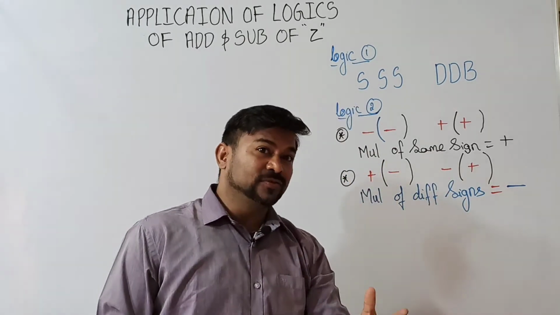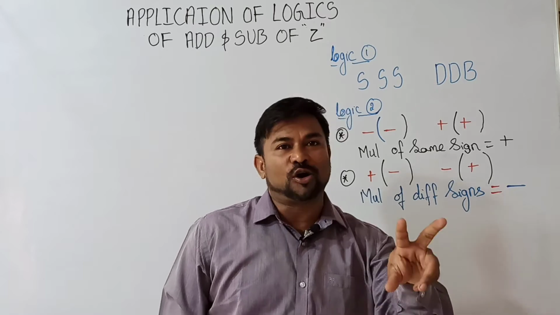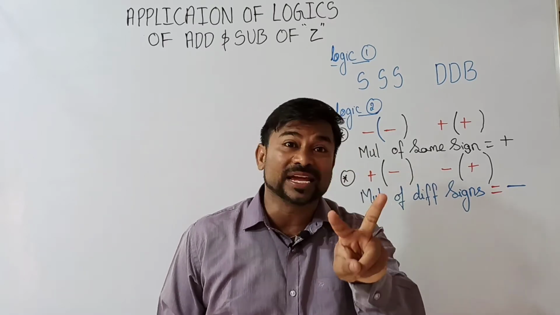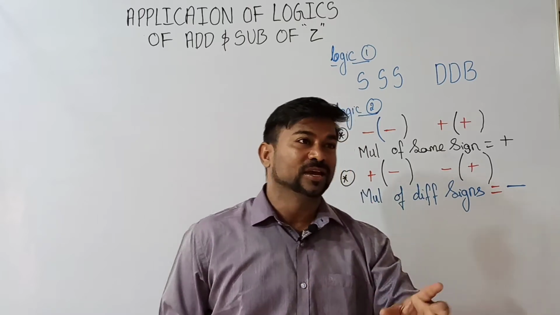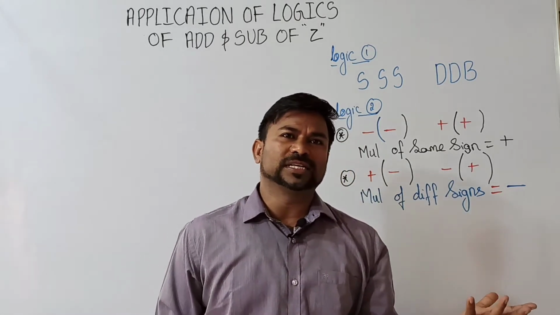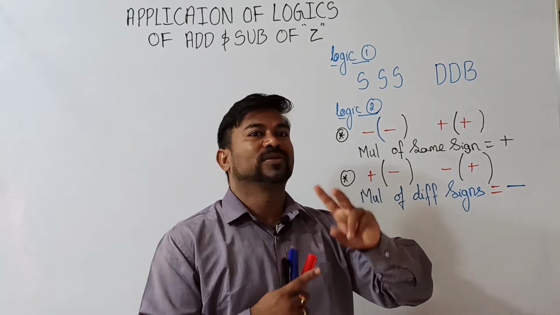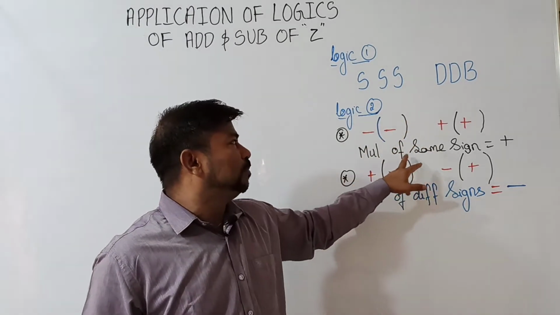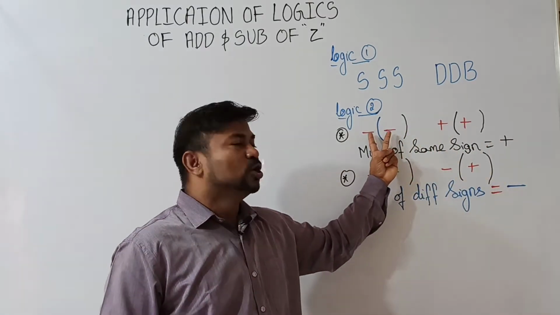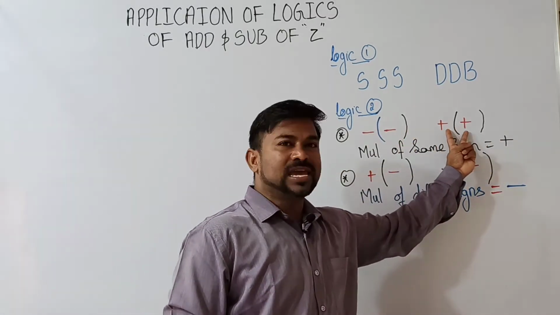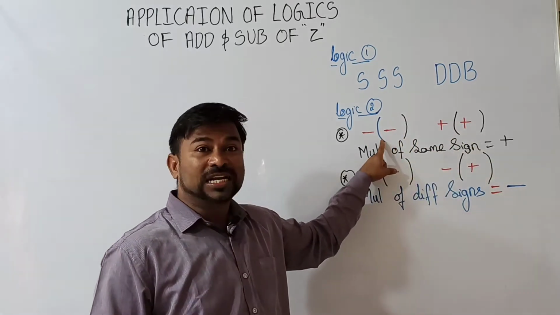Now, in my other video, I explained the way of multiplying integer signs, especially the signs. We are not talking about the numbers here. The general way of representing multiplication is a bracket, a dot, or a cross. Multiplication of same signs gives plus: minus minus, plus plus.